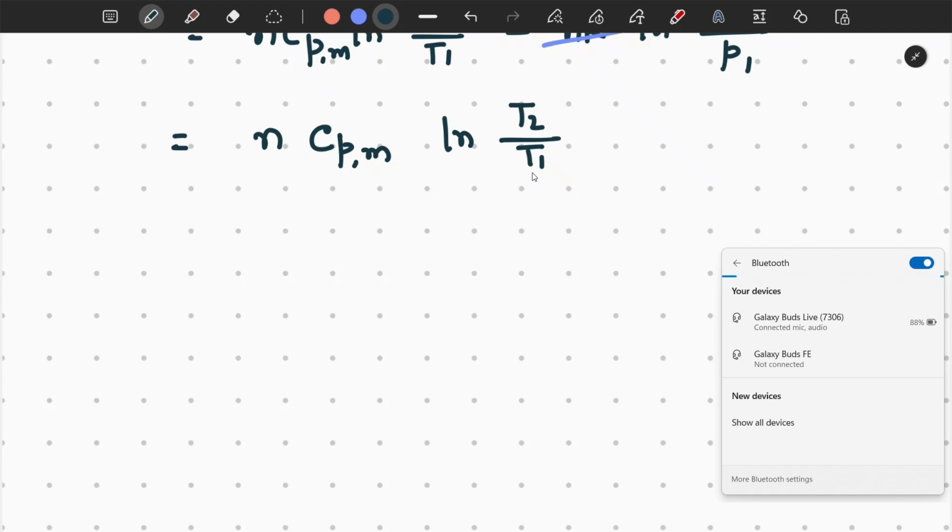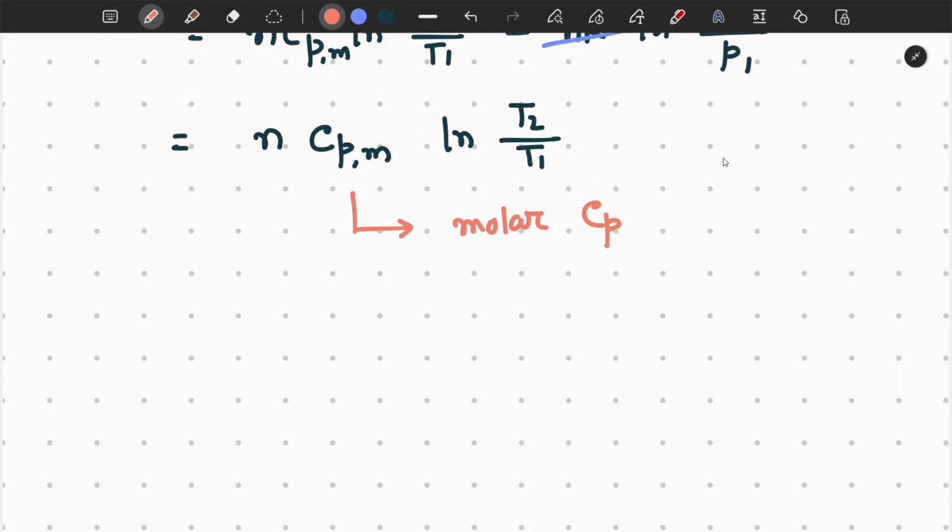But there is something here. This is NCP, CPM means molar CP. You have to consider molar. So this value is given to us: 0.4184 joule per gram per Kelvin.